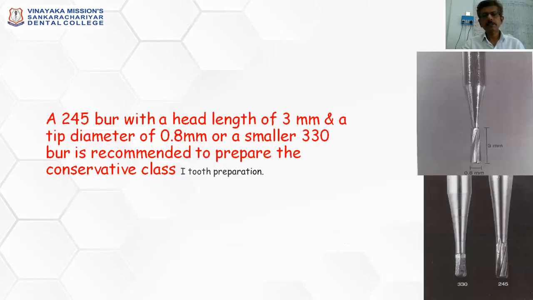Now coming to the burrs that we'll be ideally using here: a 245 burr, with a head length of 3 millimeters and a tip diameter of 0.8, or a smaller 330 burr, is ideally recommended to prepare the conservative class 1 tooth preparation.